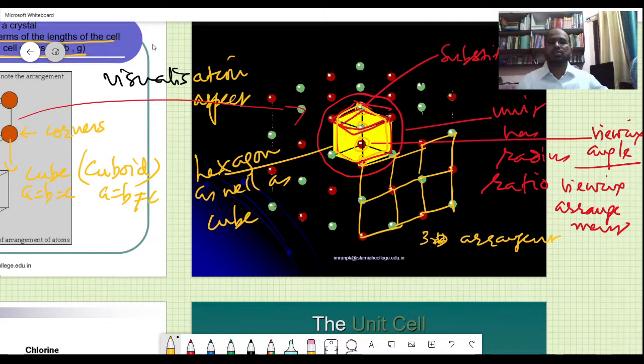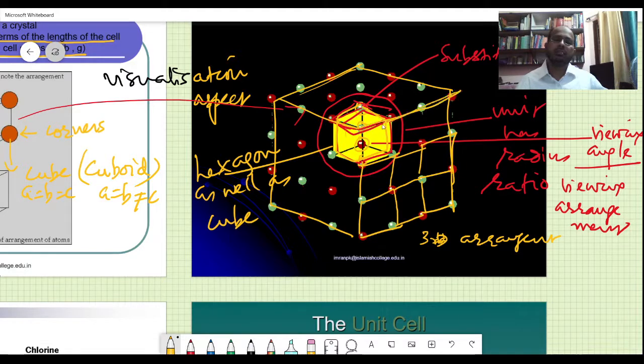I put this just to show you how in three-dimensional space, a hexagonal paired arrangement can give you a cube also. This hexagon arrangement can give a picture of the cube also. So you get a cube there. To draw a line, you get a cube there, just connecting the atoms here.